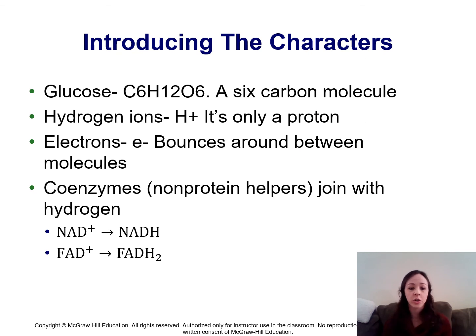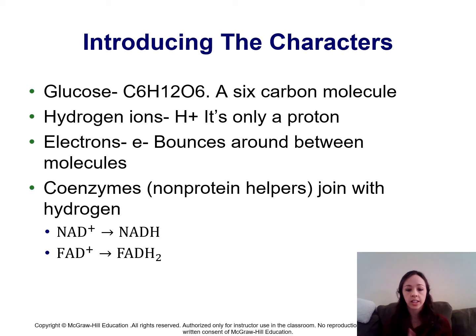So let's go over the main characters of cellular respiration so that you guys can better understand it. We're going to be looking at glucose, which is a 6-carbon molecule. We're going to be looking at hydrogen, which, since there's a positive charge, means that it has no electrons and is just a proton.